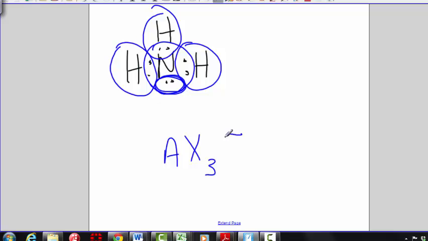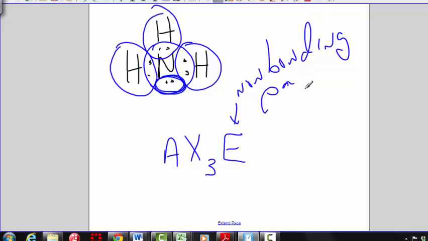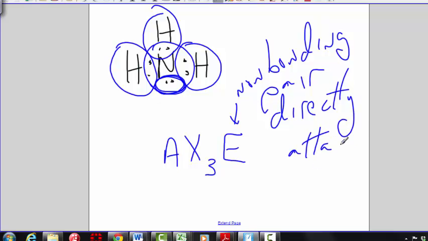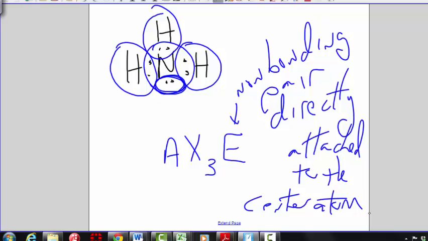That's going to have a symbol of E. Okay? E is the non-bonding pair directly attached to the center atom. It has to be directly attached to the center atom. Notice it's pair, not individual. So NH3 has this pattern AX3E. And the E is very important because it's going to talk about shape.